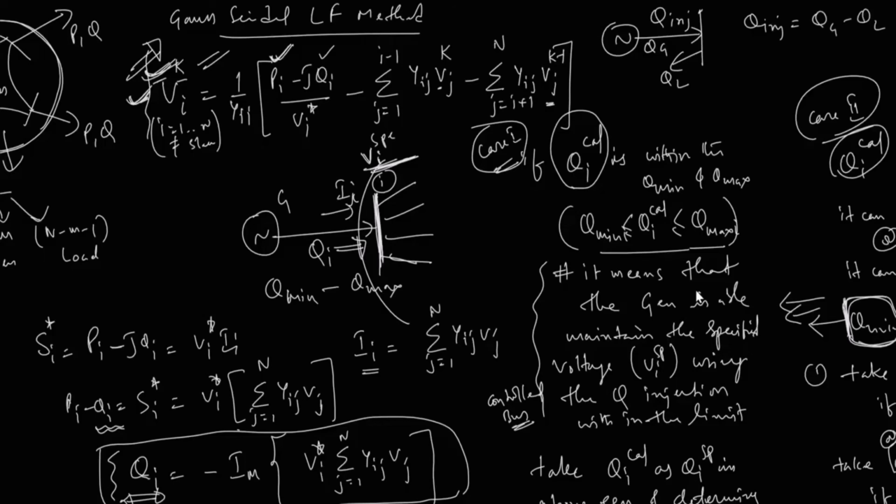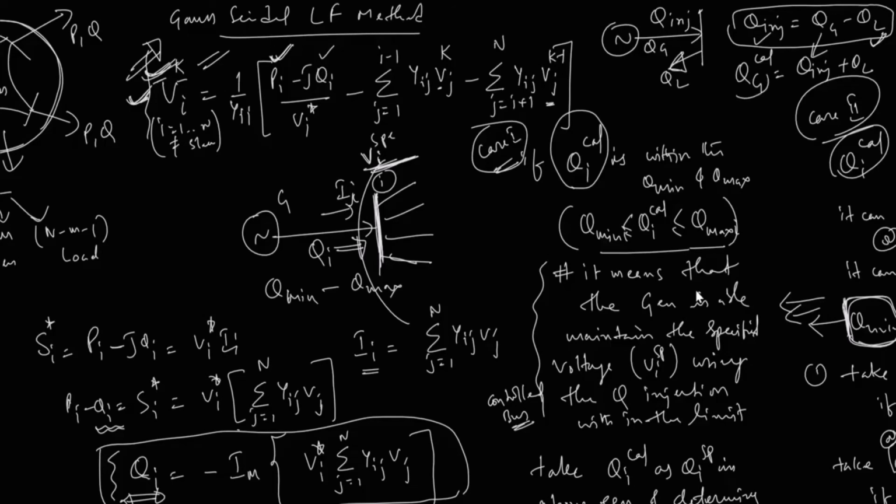From this we have calculated this one, and we also know that if any load at this bus is there, that will be specified. So you have to calculate QG calculated, which equals Q injection plus QL, right?